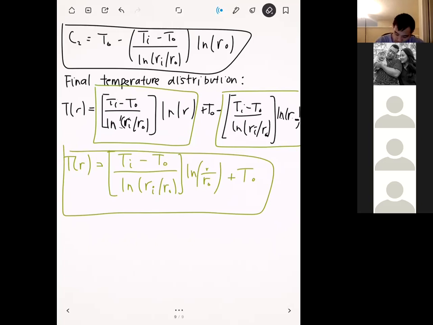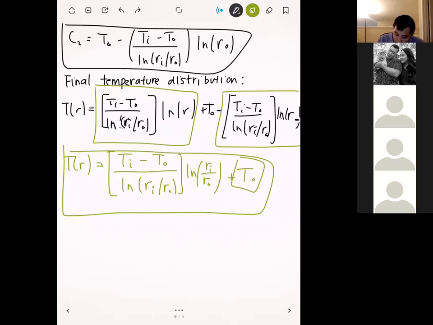So I think if we use the other equation to plug in, we get a Ti instead of To there. And then we'd get an Ri instead of Ro. Would those still be the same thing? Right. So if you use the other equation to solve for C2, I think this To on the right-hand side would be Ti. And this guy right here will be Ri.